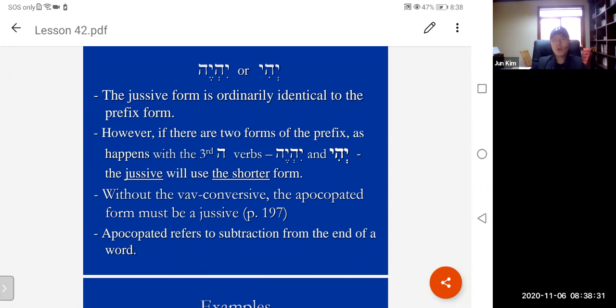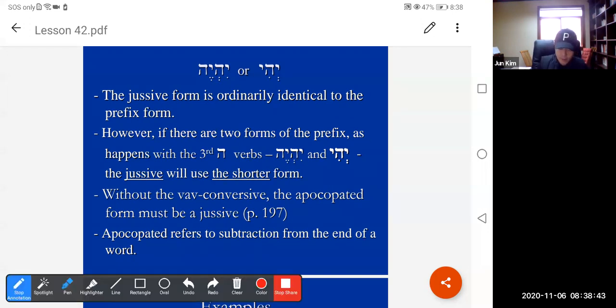Actually, they are all dealing with the same root letters, haya. Then what is the major difference between them? In fact, you can see on the right one, we can see the third hey, and this is dealing with all the root letters, including the third hey. So this one must be what? Prefix form, and this one must be the jussive form. Okay?